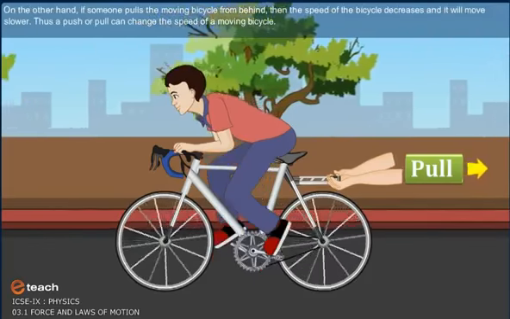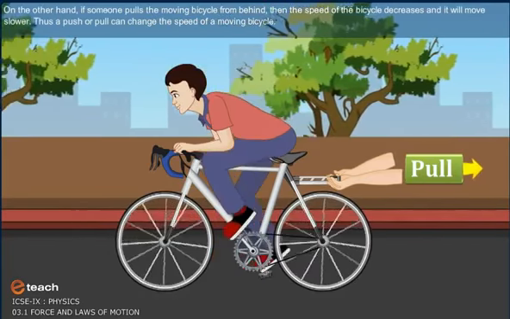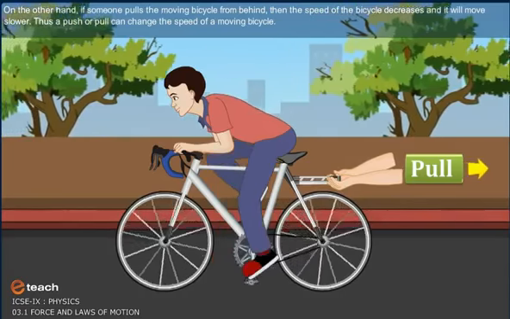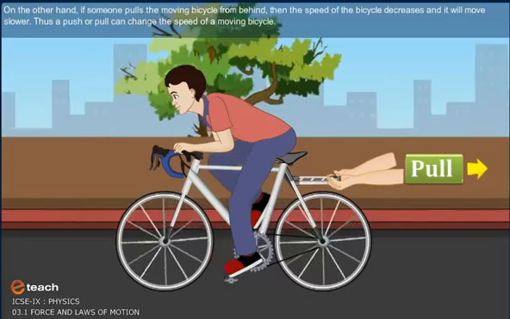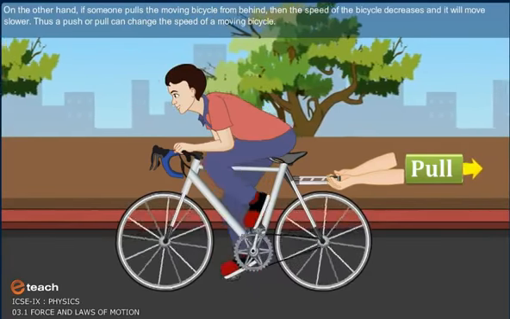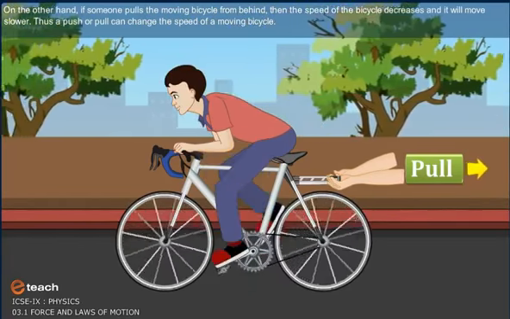On the other hand, if someone pulls the moving bicycle from behind, then the speed of the bicycle decreases and it will move slower. Thus, a push or a pull can change the speed of a moving bicycle.